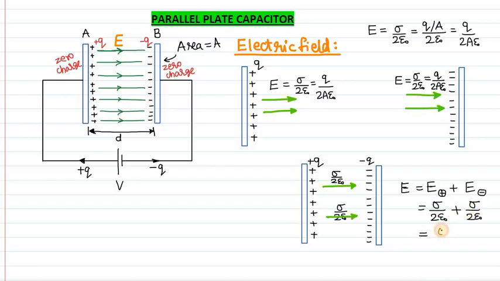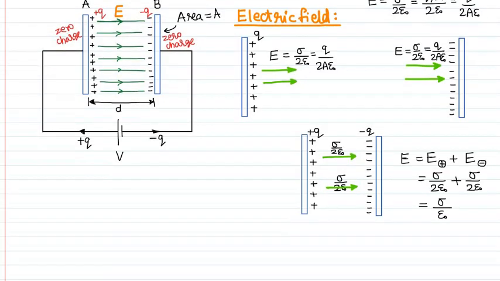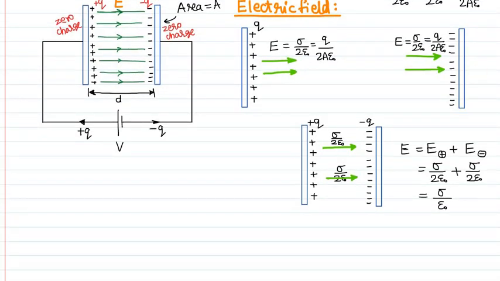So the total electric field will become sigma by epsilon naught. Hence, we can conclude that the electric field in between the plates of a capacitor is equal to sigma by epsilon naught. So let's write down here, electric field in between the plates of a capacitor is sigma by epsilon naught, which is also equal to Q by A epsilon naught.